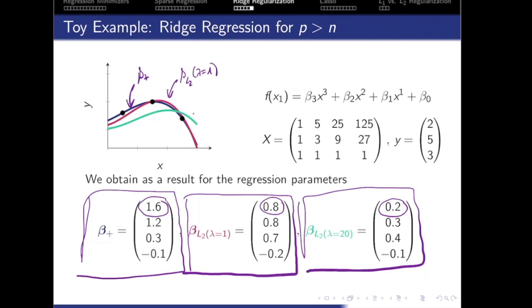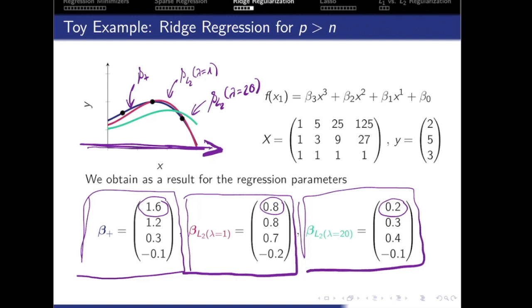And you see that now this function beta L2 for lambda equal to 20 is actually not approximating the points we have so well anymore. So this is the effect of regularization. Of course, the higher you put your regularization rate, the more you get simple functions. The simplest function is the function which returns just 0 for all points. And this is what these regularization solutions are converging to the more we increase lambda.